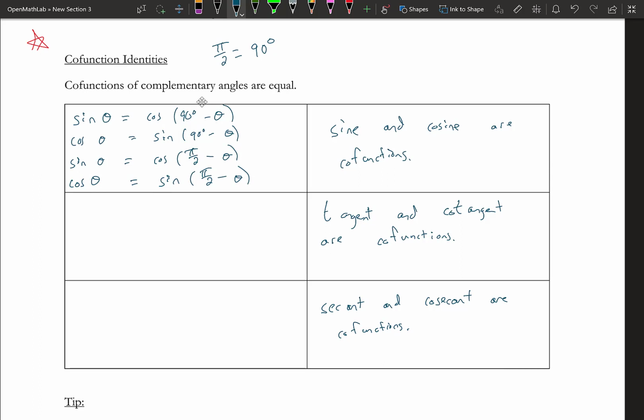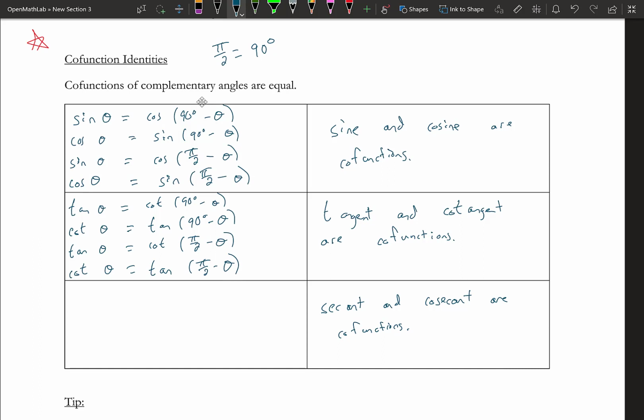So we can make similar statements here. For example, tangent of theta equals cotangent of 90 degrees minus theta. Also, cotangent of theta equals tangent of 90 degrees minus theta. And then we can make the same statements for radians, right? We could say that tangent of theta equals cotangent of pi over 2 minus theta, and cotangent of theta equals tangent of pi over 2 minus theta, right?